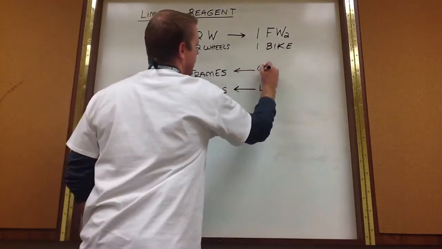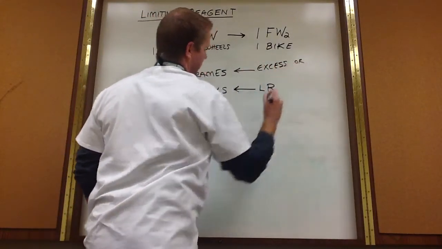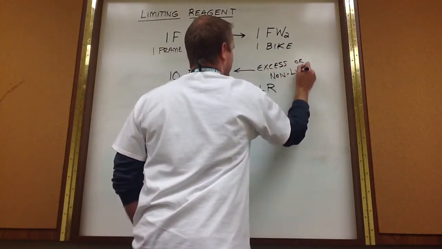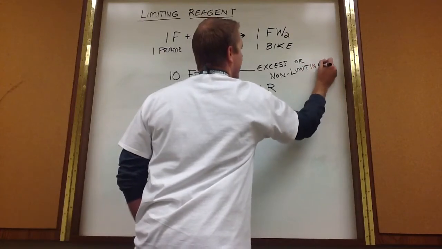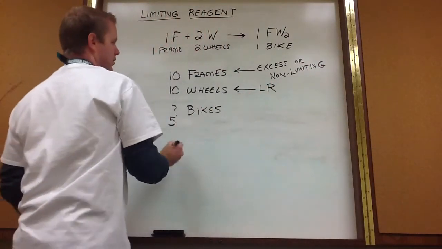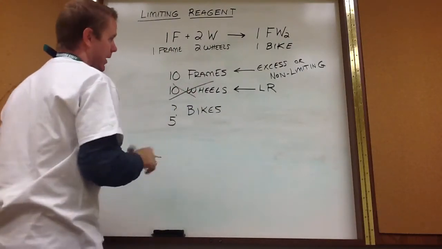We call that the excess, or to be even more confusing, sometimes you'll see it called the non-limiting reagent. I don't like it when they call it that. I prefer they call it the excess. But the limiting reagent is the one that's going to run out first, because you'll be out of that when you make 5 bikes, right?